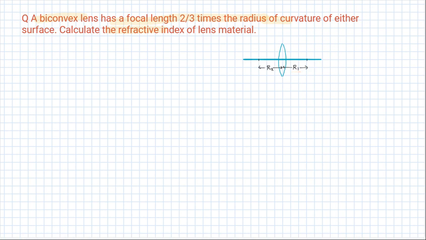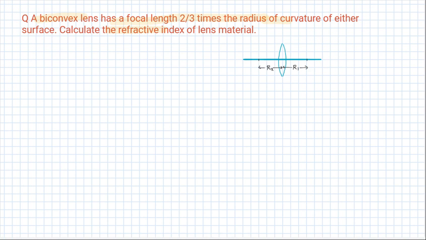What about R2? R2 is measured from right to left, that means it is opposite to the direction of the incident light. In that case, this R2 will be negative. The radius of curvature for the second surface should be negative.